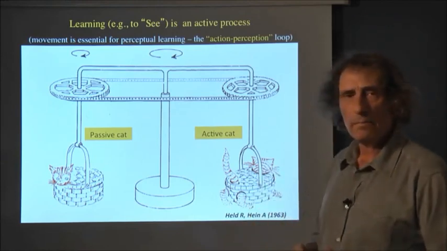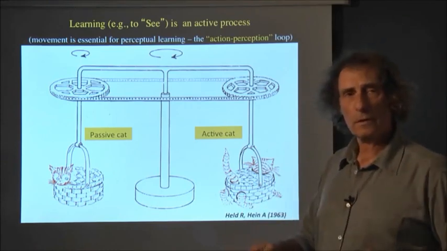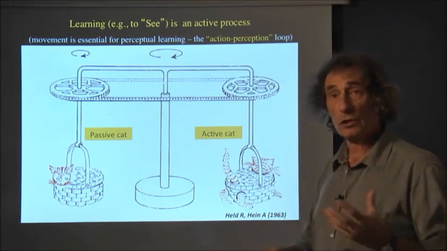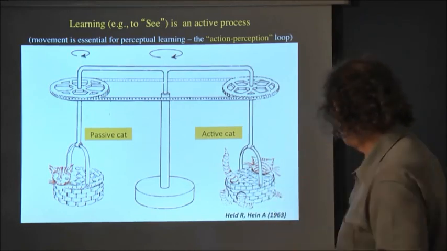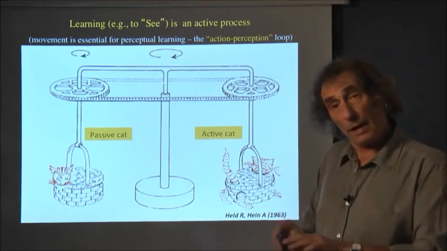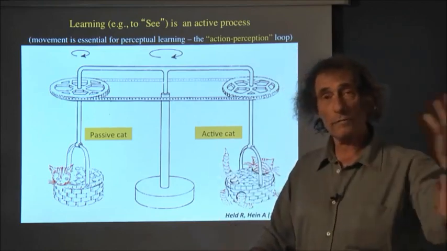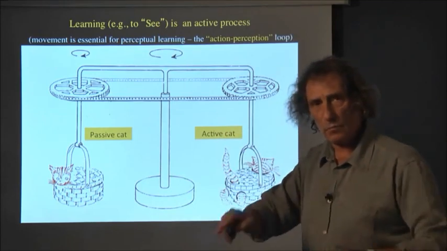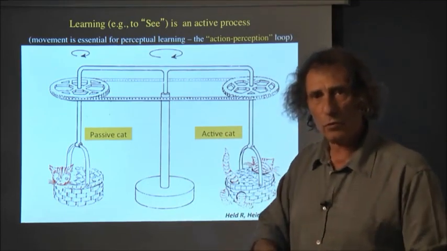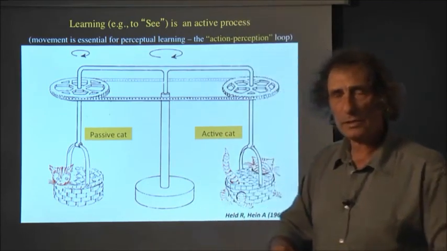And this cat, because he was moving, because the movement itself generates changes in the world, was the one who, by moving, also changes the visual experience. So there was a correlation between the fact that this cat moved forward and backward, to the side, to the other side.